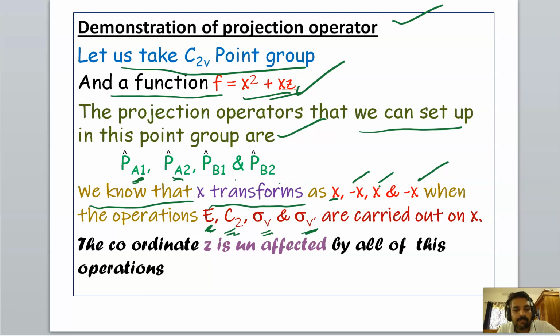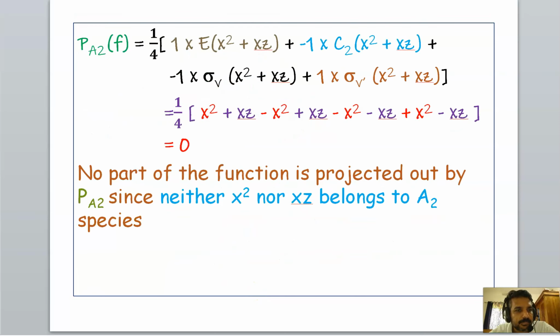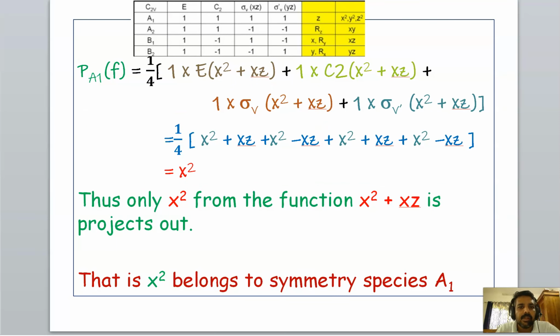The coordinate z is unaffected by all these operations, that is, when E, C2, sigma V and sigma V dash are applied to z, it is unaffected. Then first we take the projection operator P cap A1 acting on the function f.